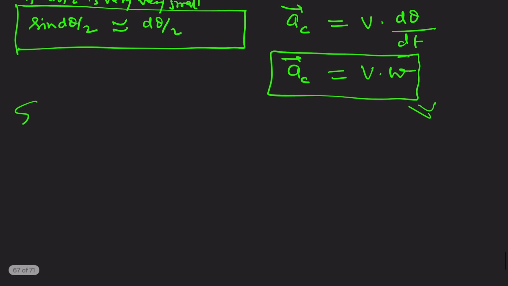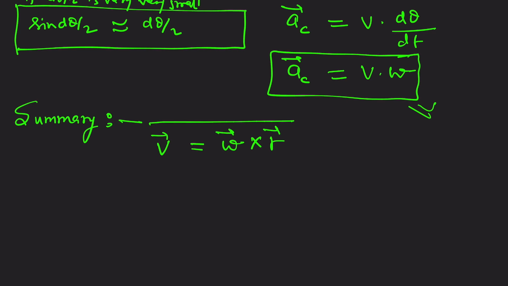So, summary. Summary is this: v is equal to omega cross r, where r is the radius and omega is the angular velocity, and it is true for all sorts of circular motion in general.